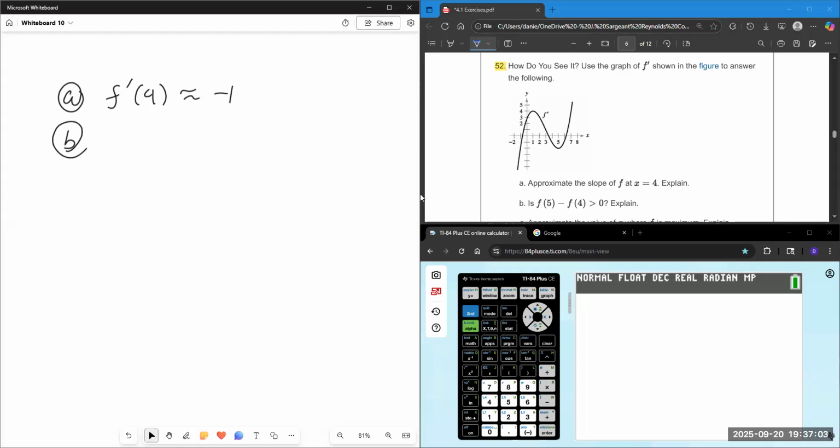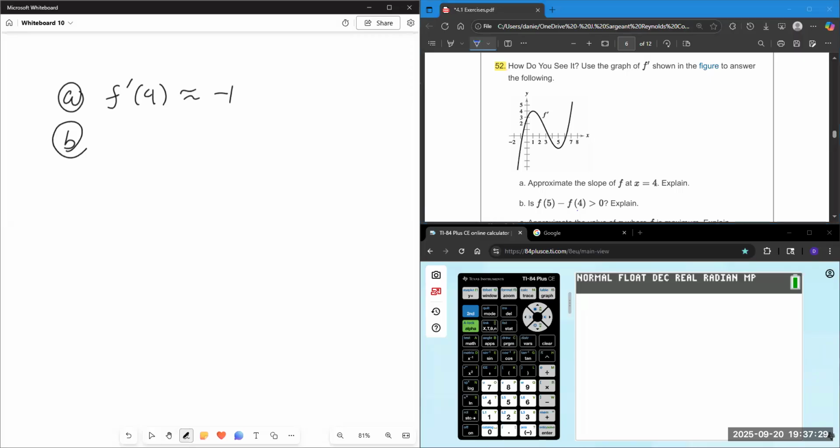Then we need to think about whether f of 5 minus f of 4 is negative or positive. Is it greater than 0? So from 4 to 5 here, the slope is negative everywhere, so the function is decreasing on the interval from 4 to 5.